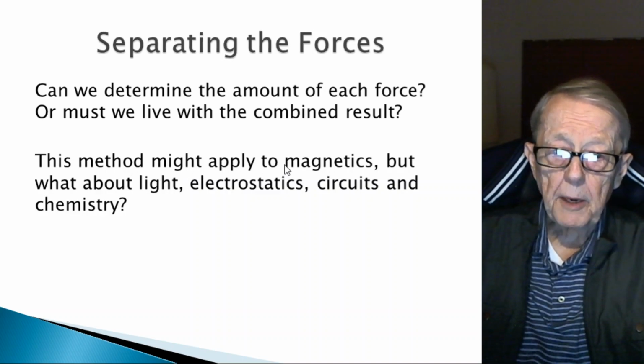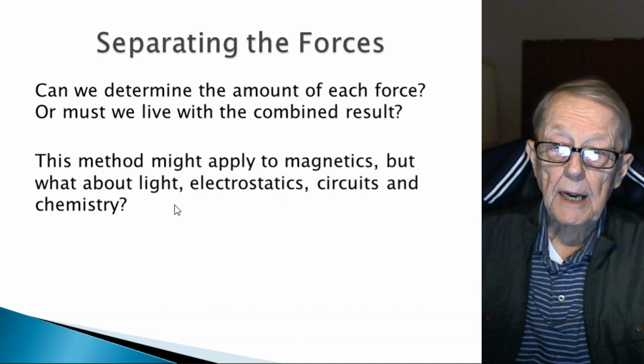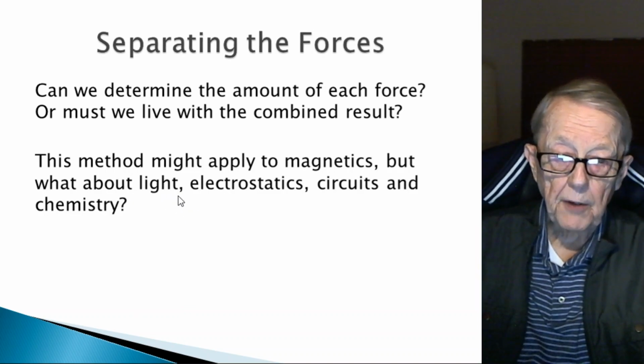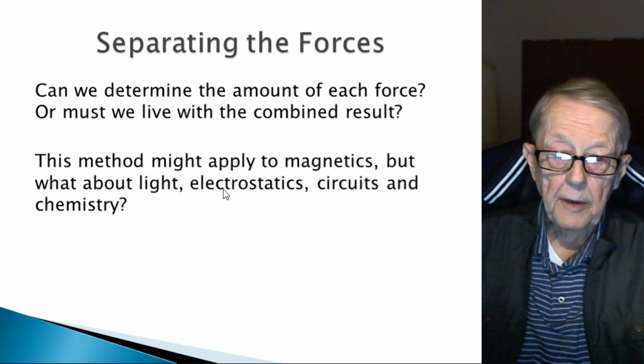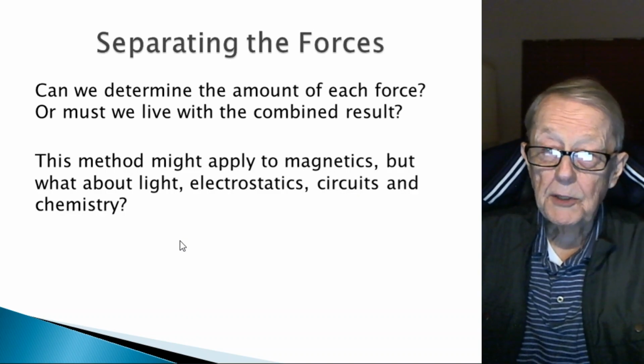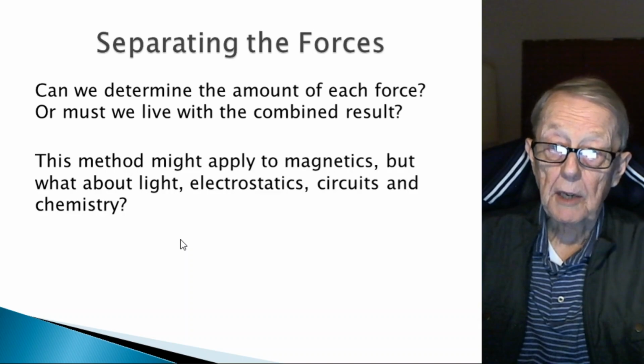And this method may apply to magnetics, but what about light, electrostatic circuits, and chemistry? I don't know enough yet about G2 mass and how each of the objects, how prisms develop it, how in a Van de Graaff generator it's exactly developed, and in circuits and in chemistry. I've covered all of them, discussed them in general terms, but there's a lot to learn.